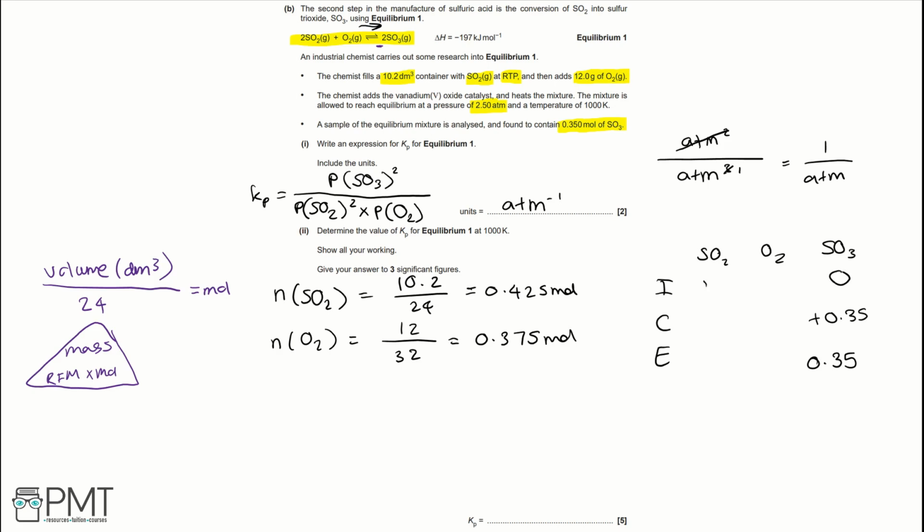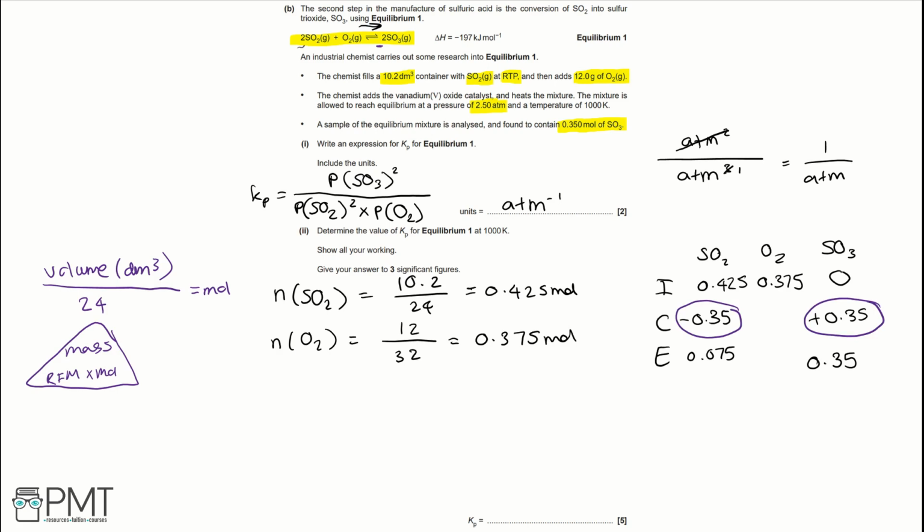Initially we have 0.425 moles of SO2 and 0.375 moles of O2. And then we're going to minus 0.35 from SO2 and get 0.075. We're minusing the same amount that we've added in our products because it's a 2:2 ratio.